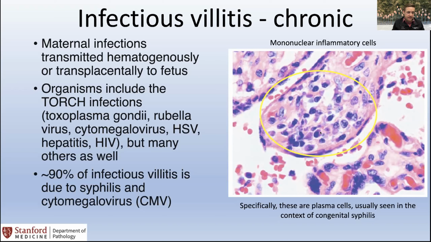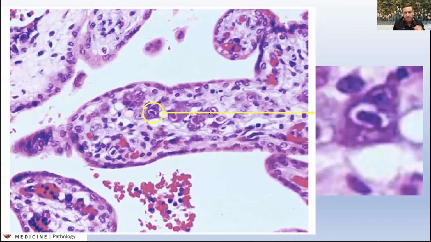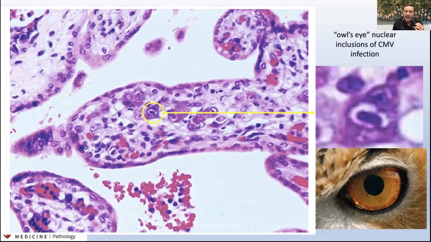Very commonly, we see them in syphilis and in CMV or cytomegalovirus. And in those cases, especially for cytomegalovirus, we might be able to see, if we look at enough villi, strange little appearances in the cells that, when we look on high power (I know it's very blurry here), we can see this, and even without our special immunohistochemical stains, we can recognize these as what are called owl's eye nuclear inclusions.